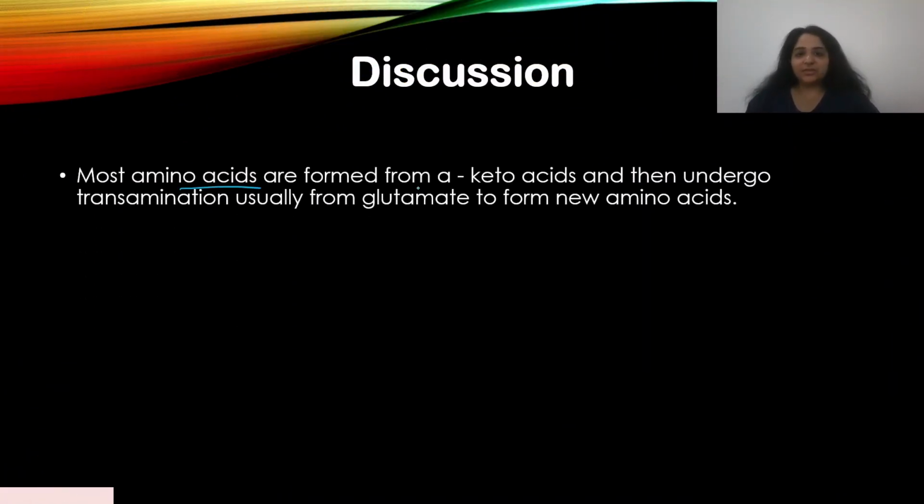Most amino acids are formed from alpha keto acids and then undergo transamination, usually from glutamate, to form new amino acids. So alpha keto acid is the precursor that then undergoes transamination from glutamate. That means it's a transfer of an amino group to again form new amino acids.